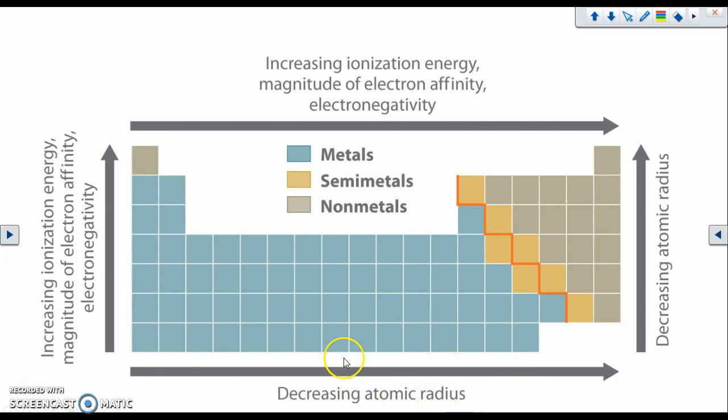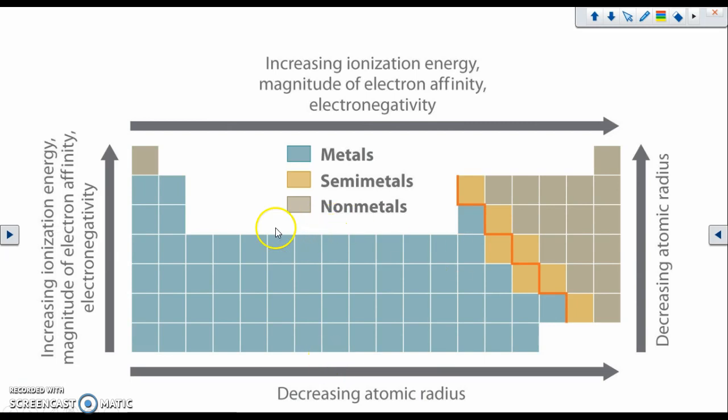Okay, so we're going to start with the easiest one first, atomic radius. So if you go up, and if you go to the right, you have a smaller atomic radius, which means that if you go down in a group or left in a period, you will have an increasing atomic radius. And why is that?